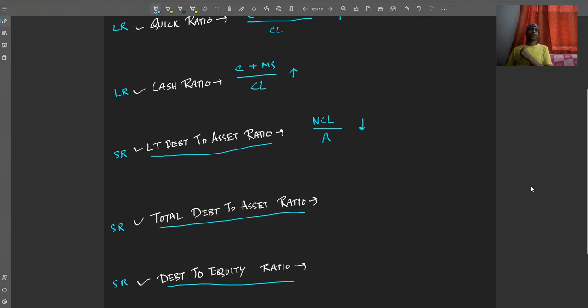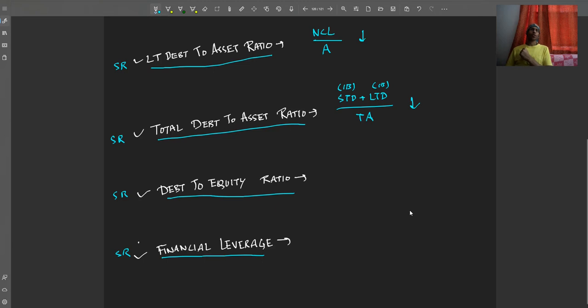Total debt to asset ratio. This is short-term debt plus long-term debt. This has to be interest-bearing, both of them, divided by total assets. Obviously, you want this number also to be low. Debt to equity ratio.